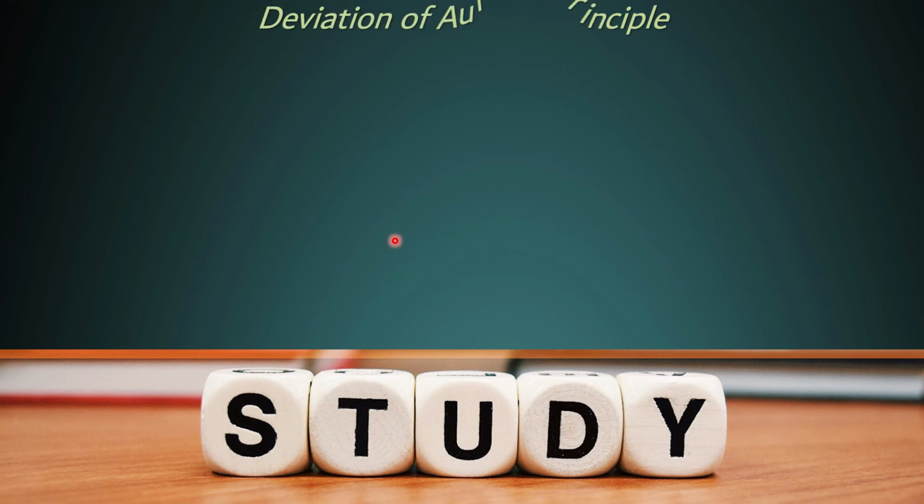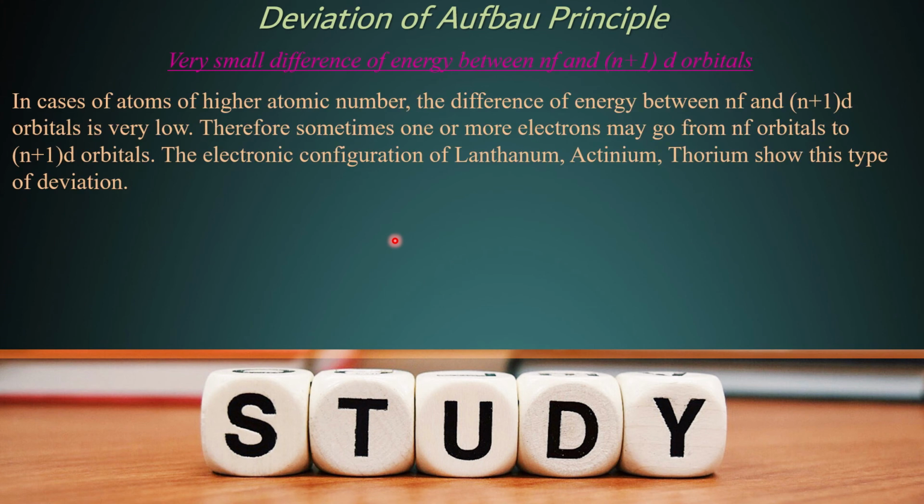Now another one: the very small difference of energy between nf and (n+1)d orbitals. This type of deviation is noticed in the lanthanide series and actinide series.